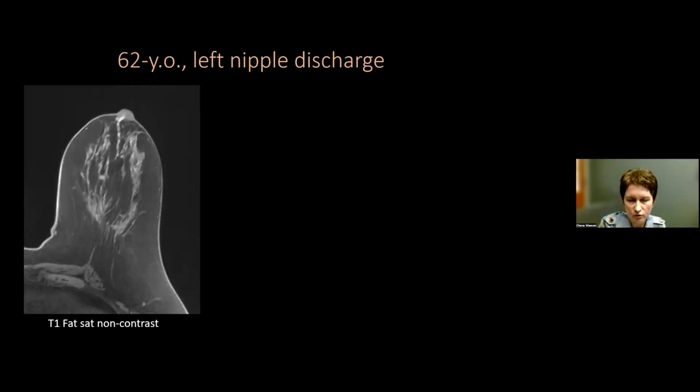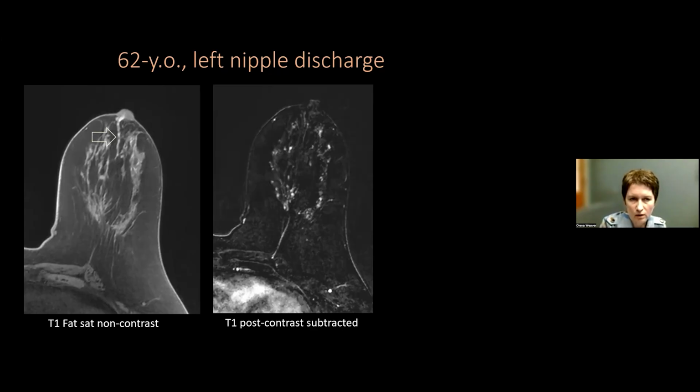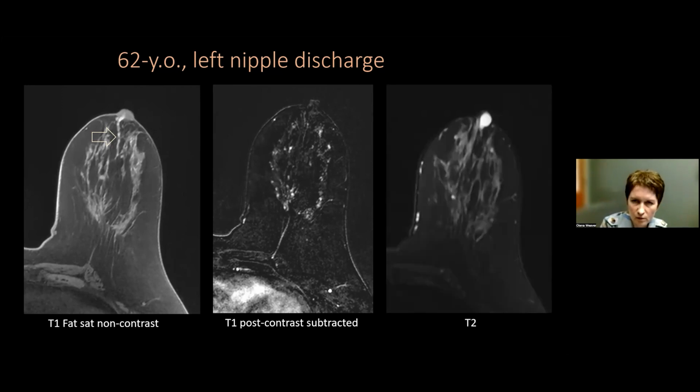On some individual sequences of MRI, you see that she did have one single duct with some T1 non-contrast high signal in it. So it's either blood or maybe proteinaceous fluid right here. Nothing really concerning in that area, nothing focal on the post-contrast subtracted T1 MRI image.